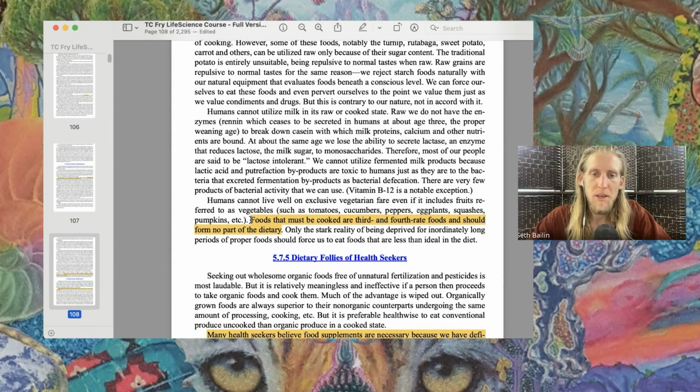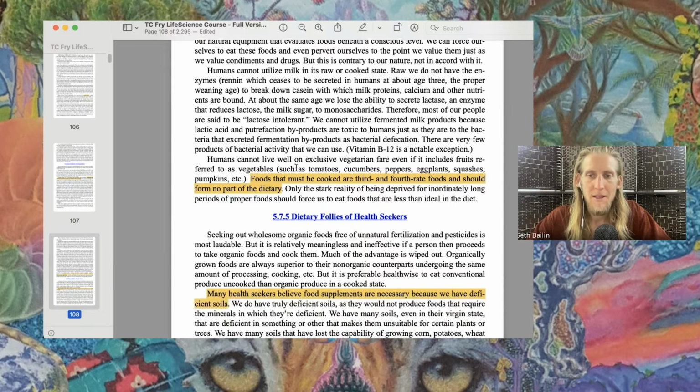Basically, any foods that must be cooked are third and fourth rate foods and should form no part of the diet. This is the strict natural hygiene philosophy. Of course, in other texts, they do promote cooked food for people who are still in that boat, because it's idealistic and sort of unreasonable for most people to be like, oh, I'll switch over to a raw food diet instantly, because we still have these attachments, these cultural proclivities and cravings and habits.